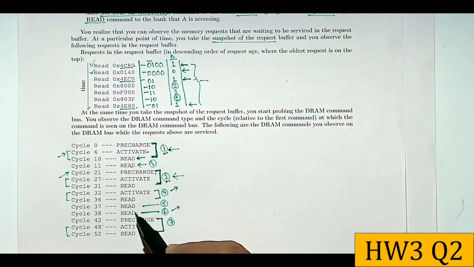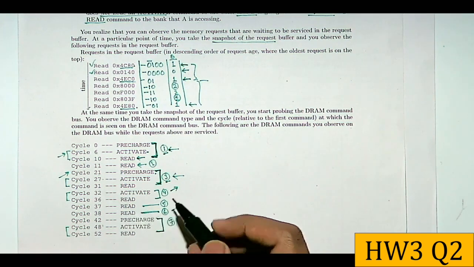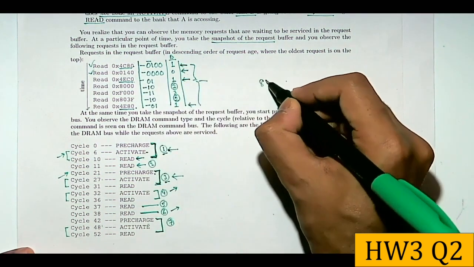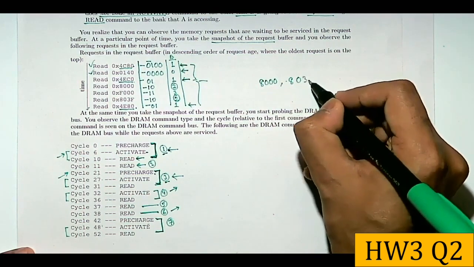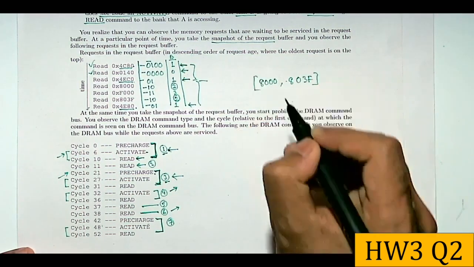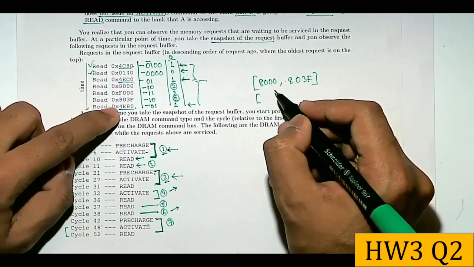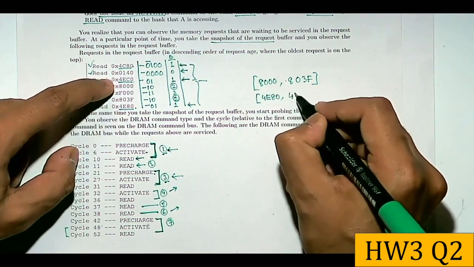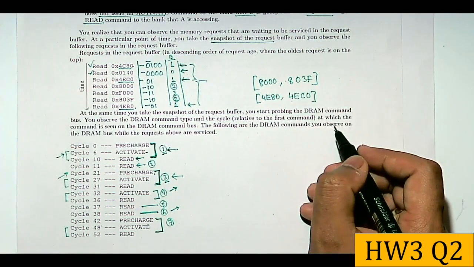This access is just a read sequence, so that means it hit in the row buffer, right? This gives us an idea that 8000 and 803F, these 2 accesses belong to the same row, but 4E80 and 4EC0 belong to different rows.